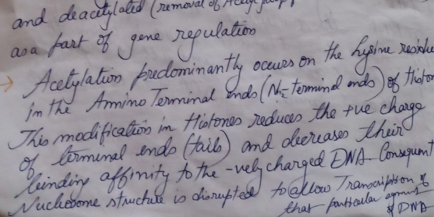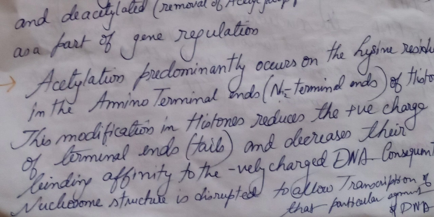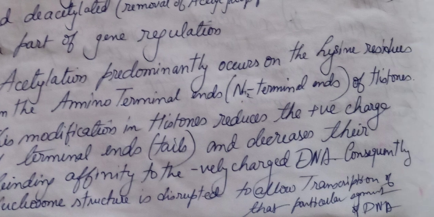But suppose you reduce the positive charge of these histones, how? By binding acetyl groups to the lysine residues of the histone, then what happens? It will decrease the binding affinity with the negatively charged DNA.